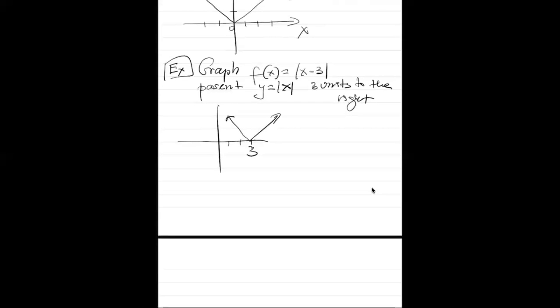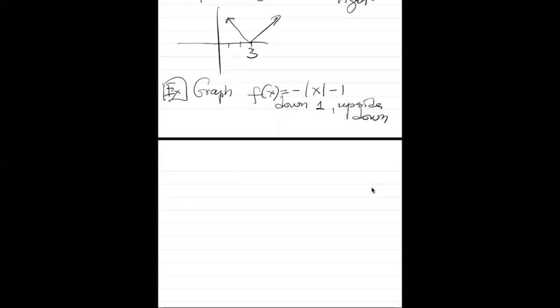One more example. Graph f of x equals absolute value of x minus 1, with a negative sign in front of it. So again, the parent function is absolute value of x. The transformations we're going to do are down 1 because of the -1, and upside down.